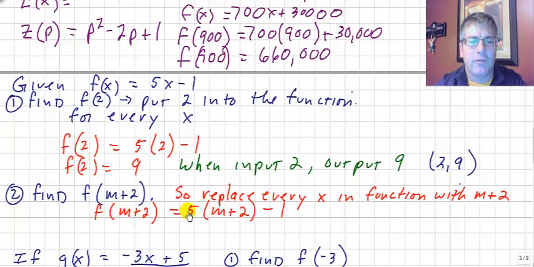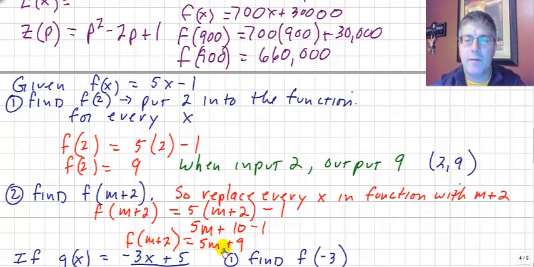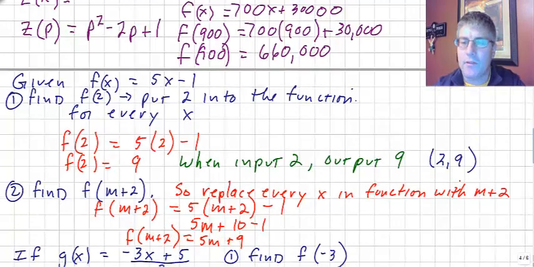So f of m plus 2 equals 5 times m plus 2, minus 1. As we continue to solve, that's 5m plus 10 minus 1, and that's 5m plus 9. So f of m plus 2 equals 5m plus 9. That's our answer.